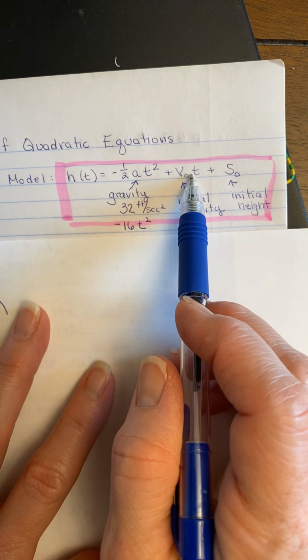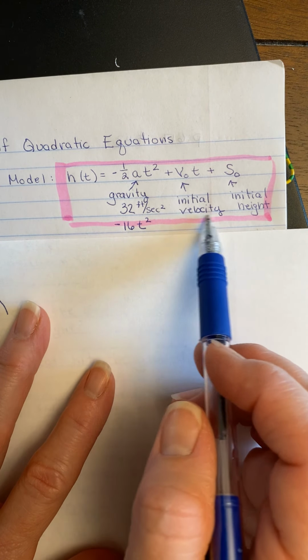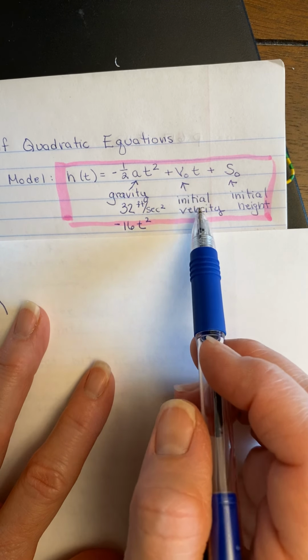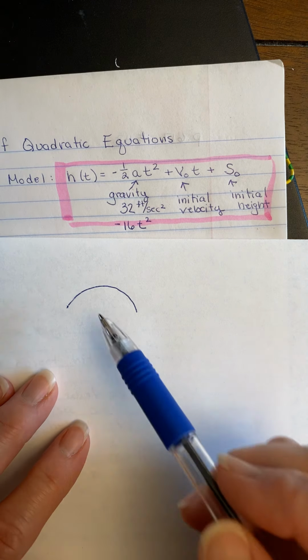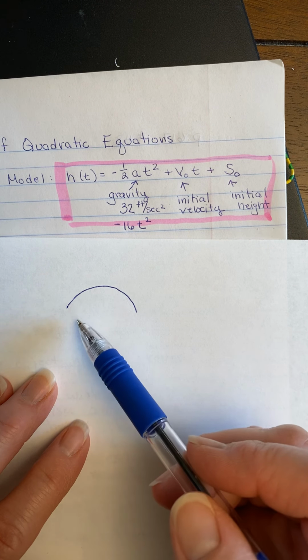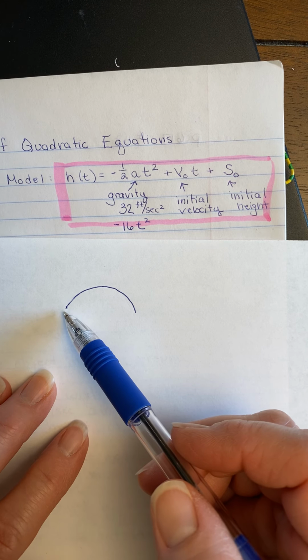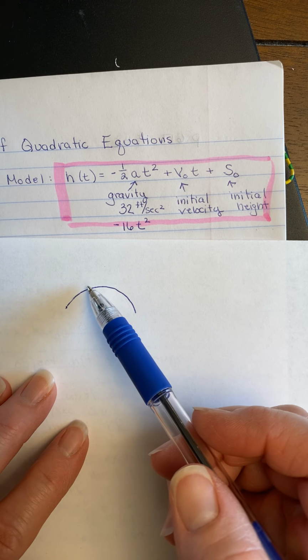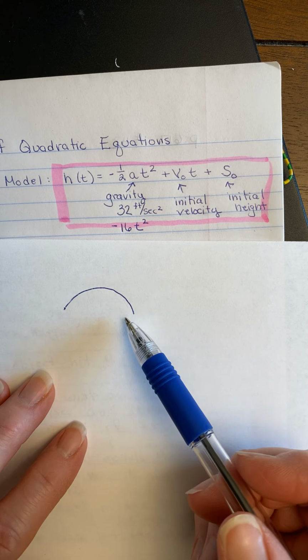V sub naught, remember that sub naught, sub 0, stands for an initial something. That's the initial velocity. So depending on how hard you throw that ball is going to determine how high it is at any time t, right? If you throw it softer, it's not going to reach its max for a while. If you throw it harder, it's going to go faster.